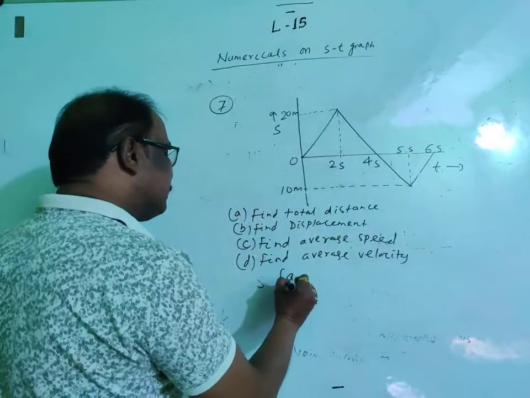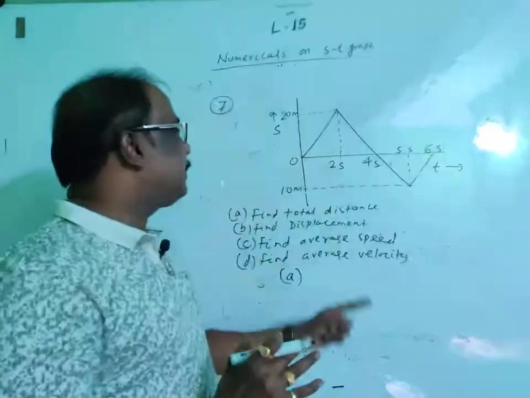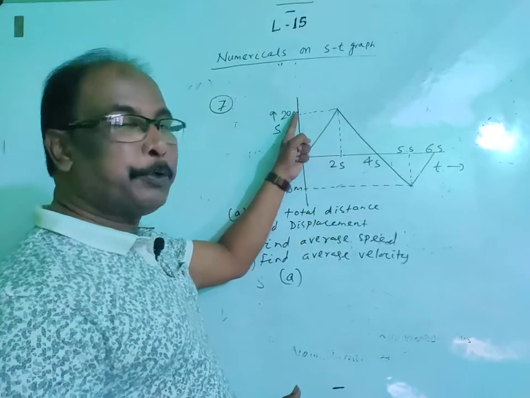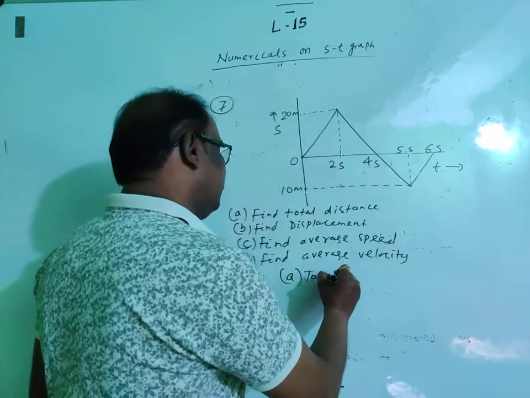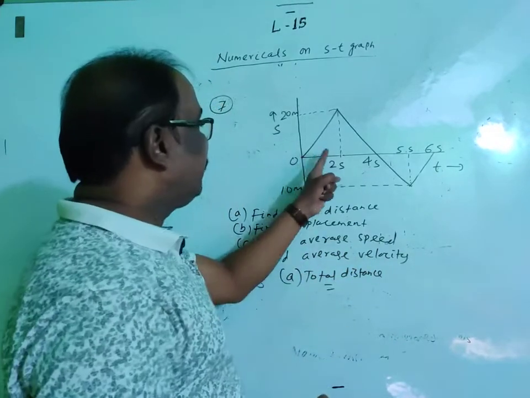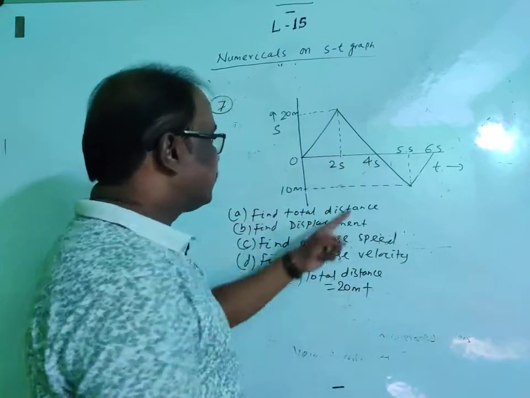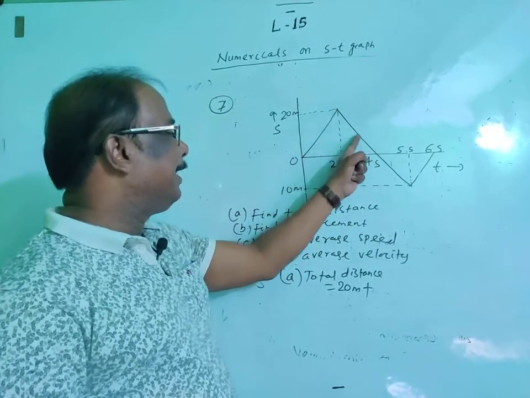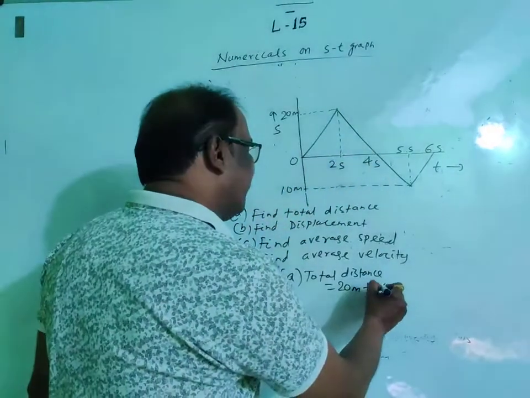Let's discuss bit A. To find total distance, very easy, just see. In time 2 seconds, the body has covered a distance of 20 meter. So total distance is equal to 20 meter, plus, again, from 2 seconds to 4 seconds, the body has returned back to the original position, means again distance travelled is 20 meter.